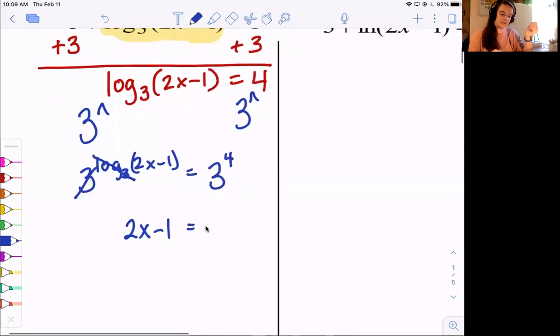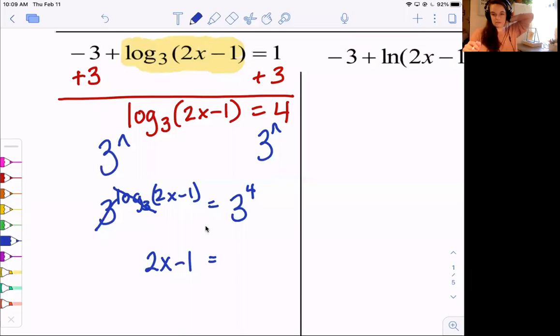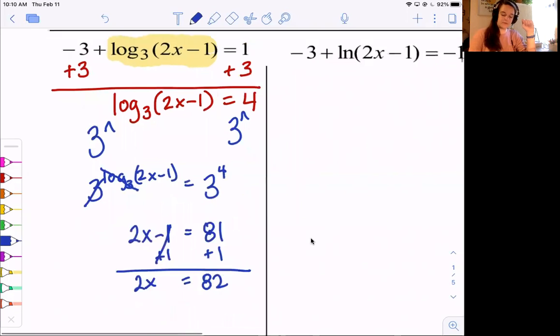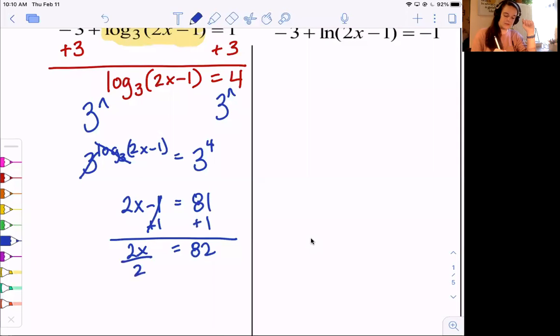What's 3 to the 4th? 81, absolutely. Thanks, Walter and Fatima. All right, 81. I'm adding 1, adding 1. I get 2x equals 82. Dividing by 2, I get x equals 41.